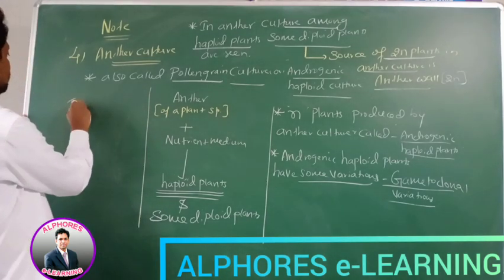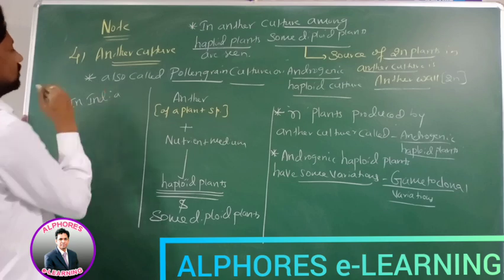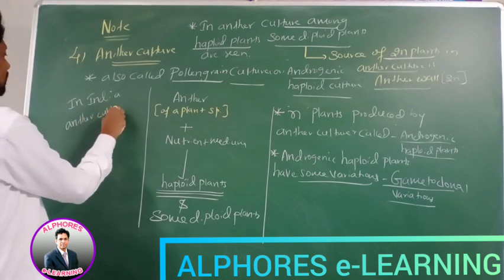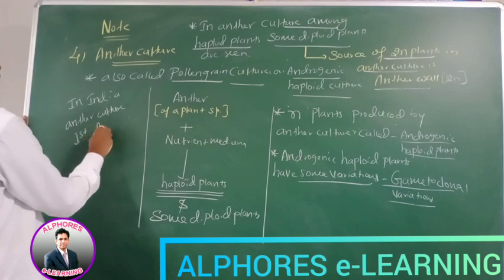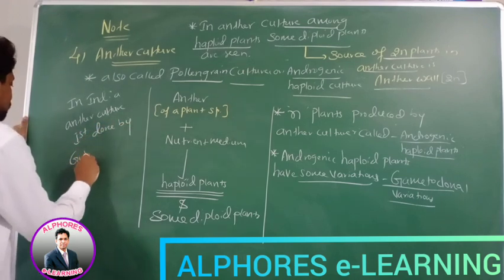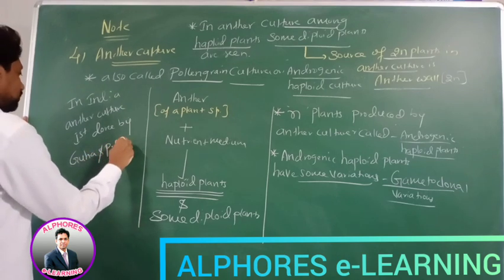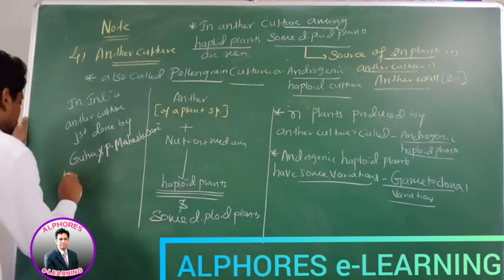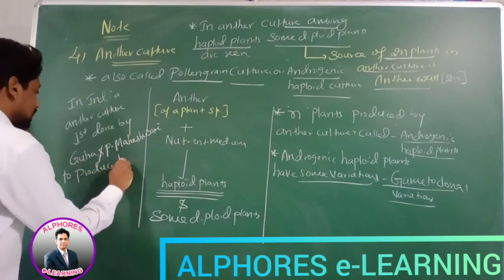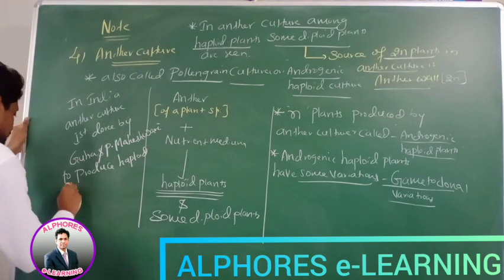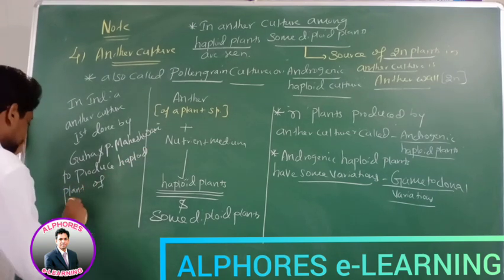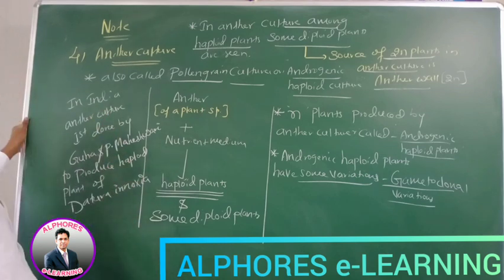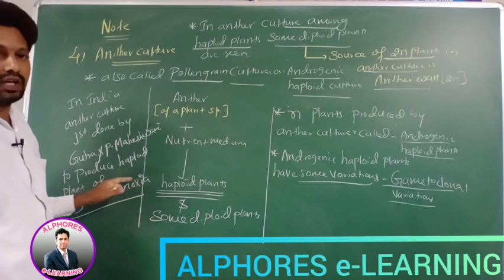In India, anther culture was first done by Guha and Panchanan Maheshwari to produce haploid plants of Datura inoxia.